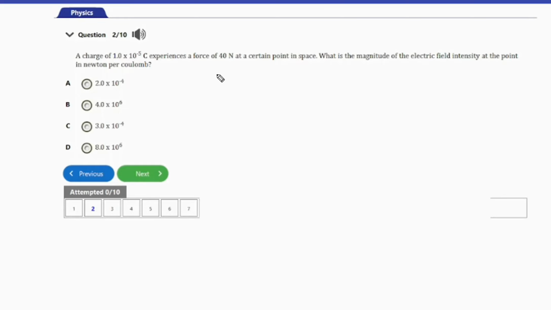The electric field intensity here, E, is going to be F over Q, where F is the force, which is 40 newtons, over Q here, which is 1.0 times 10 to the power of negative 5. So guys, this will actually be resolved as 40 times 10 to the power of 5 over 1.0.